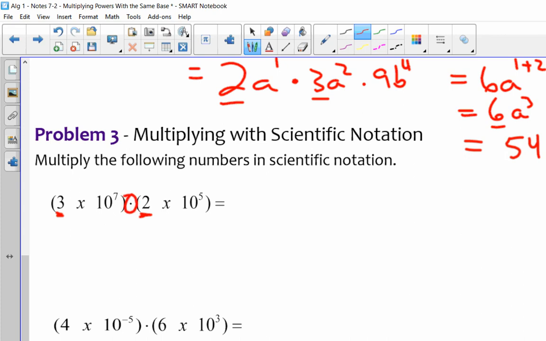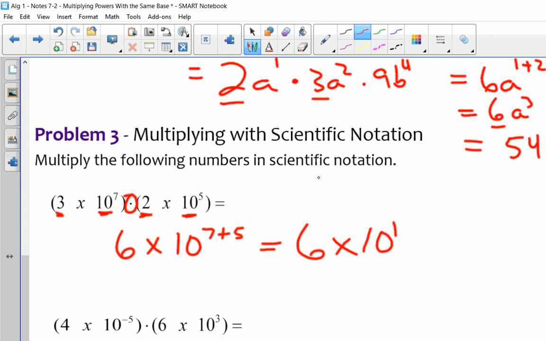That's going to give me a 6, and then it's times, and since the bases here are 10, now this 10 is based on our numeric system. We have a numeric system that's based on the number 10. So since those two bases are the same, I can take the exponents and add them together. So I'm applying the rule that we just learned. So I'm going to get 6 times 10 to the 12th. Okay.